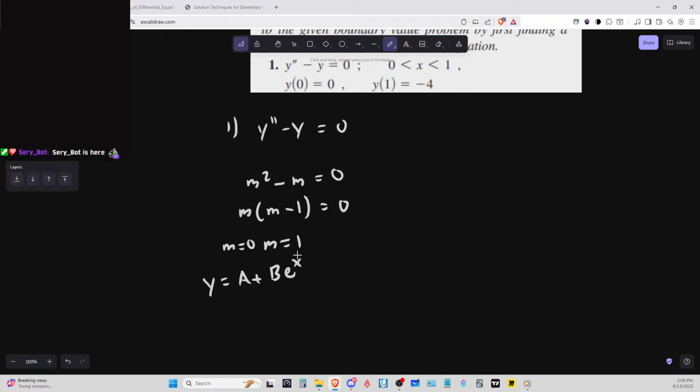And now we have to follow the conditions here. So x can be between 0 and 1. So if we have y at 0, then it has to be 0. So then we have a plus b. That means a is equal to b, or a equals minus b, actually.